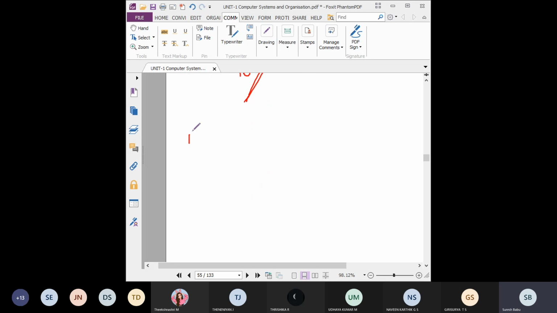Now kindly note down the homework. First one, 11011. This is the binary number. I need its equivalent decimal, octal, and hexadecimal.